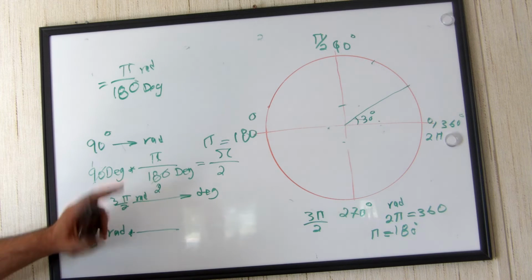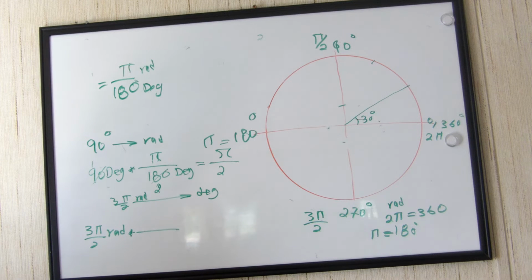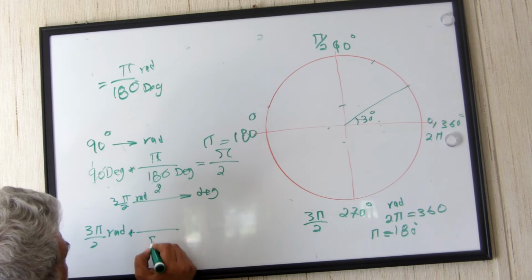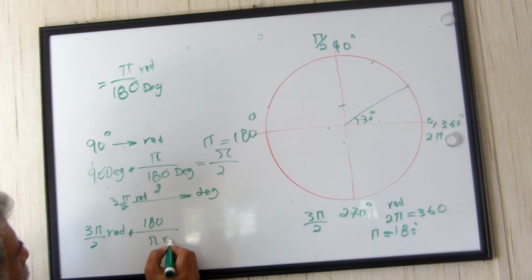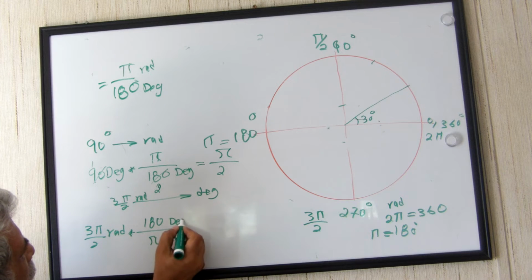Now we can put it the opposite way: pi is 180 degrees, because we want to cancel pi radians.